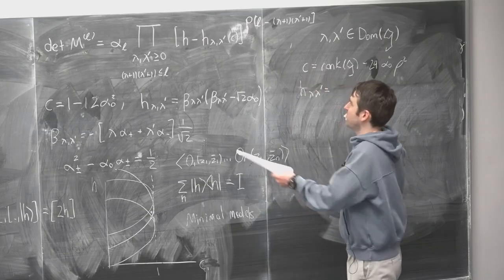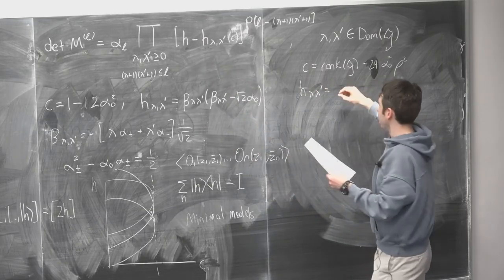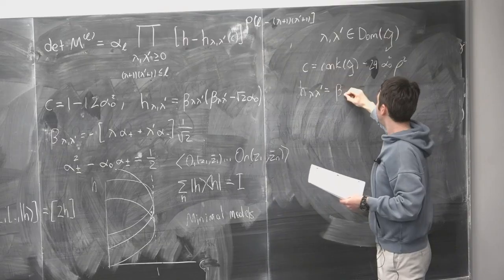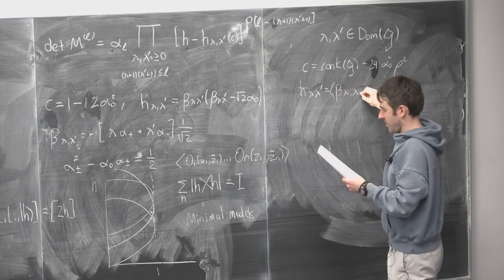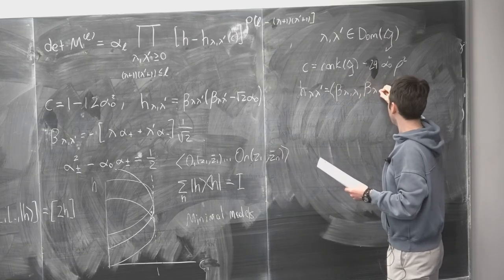And then this special weight, which is the root of the determinant, will be some inner product with the Killing form.